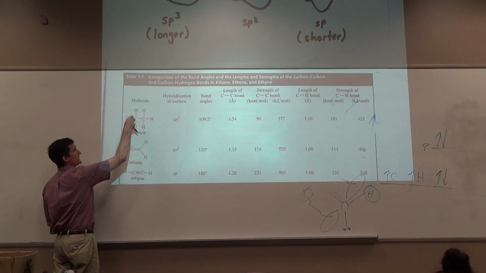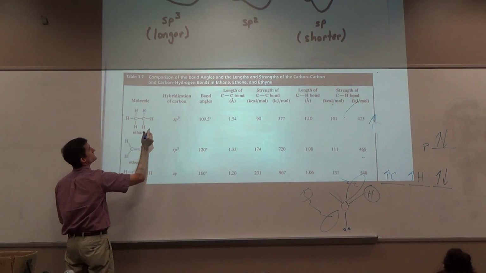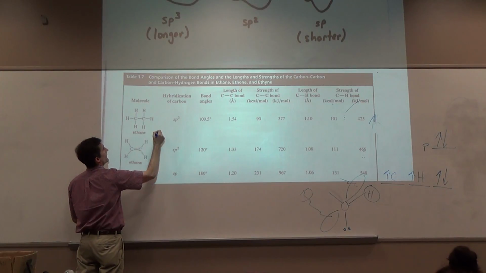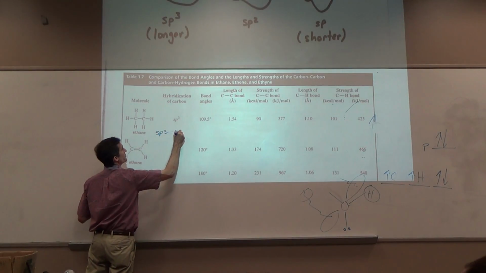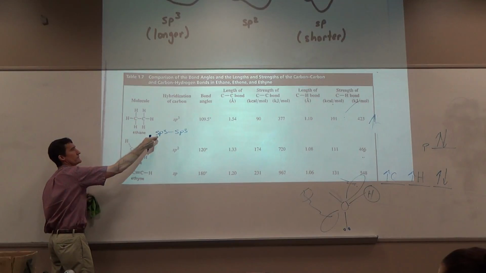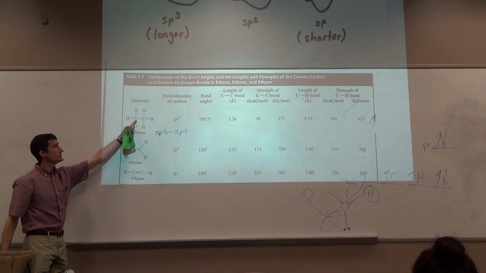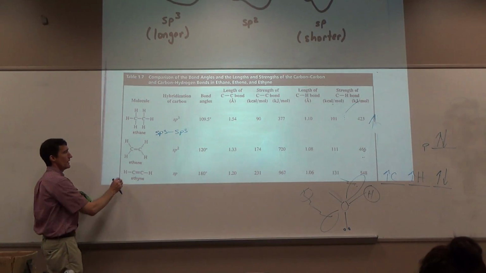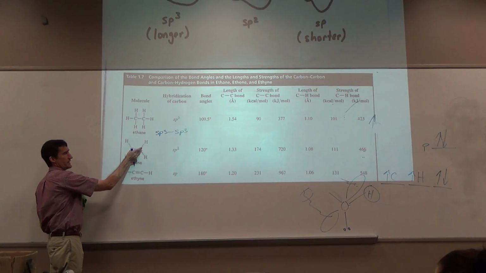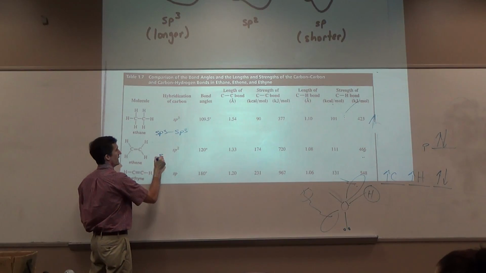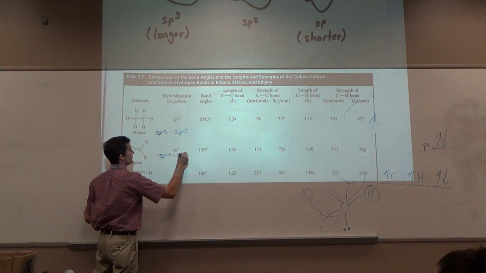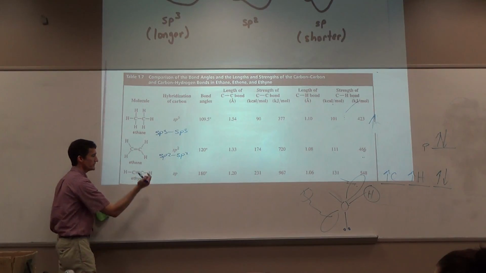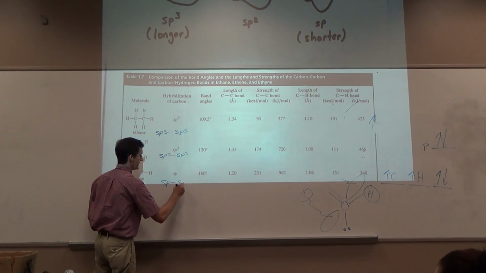What type of hybrids are making this bond here? sp3, sp3. That's that bond here. These 2 orbitals are overlapping to make that single bond. The sigma bond here is what? sp2, sp2. And of course here the sigma bond is sp, sp.